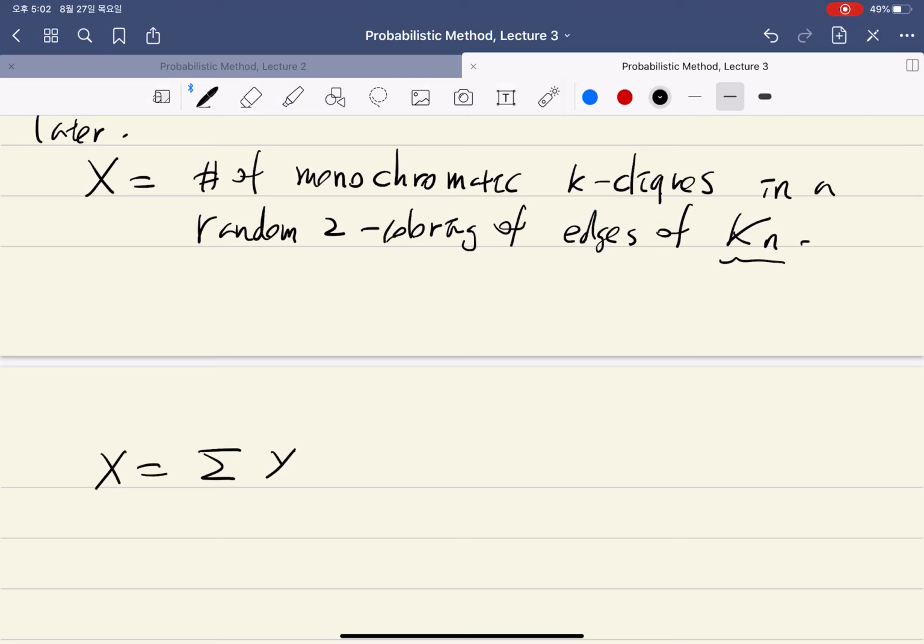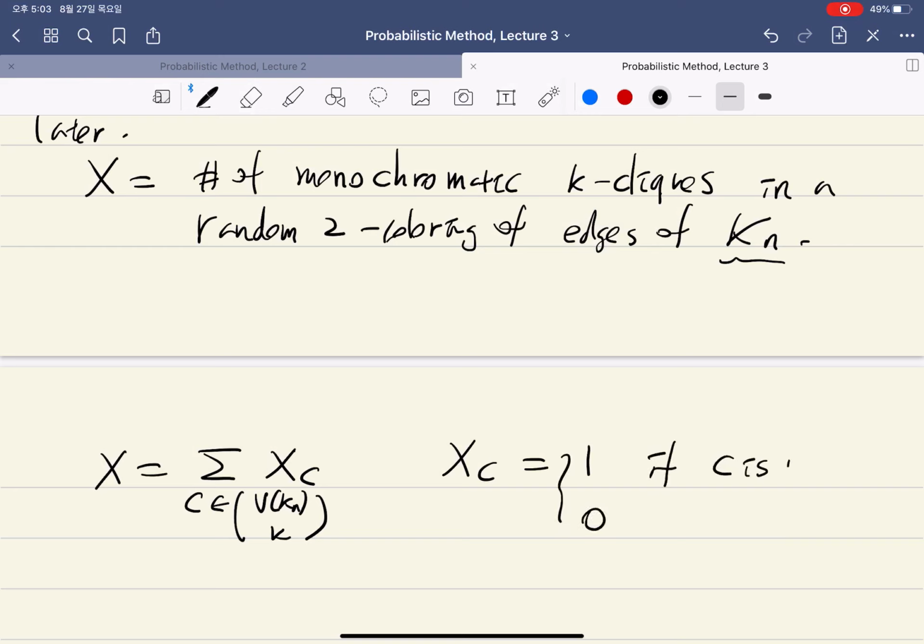Again, X can be decomposed into indicator random variables, where C is a vertex subset of k vertices. The indicator is 1 if C induces a monochromatic K_k, and 0 otherwise.